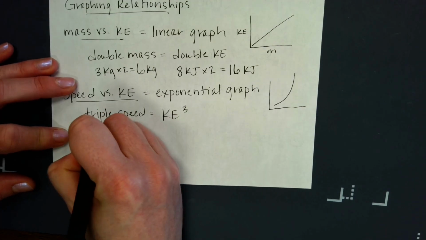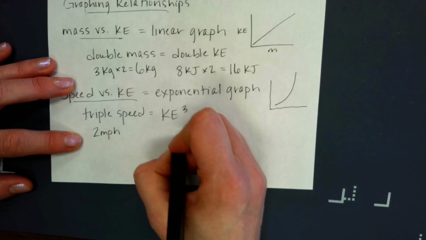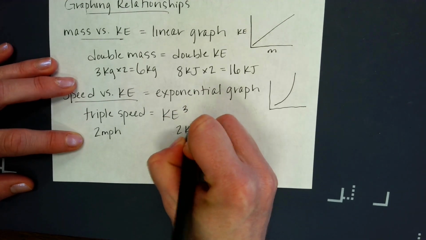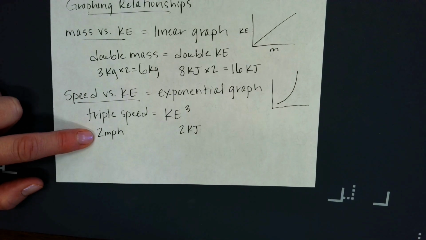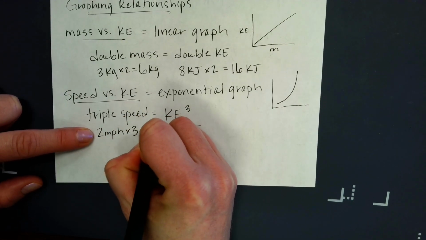What happens if my speed was 2 miles per hour? And let's say my kinetic energy was 2 kilojoules. And I'm going to triple it. Okay? Tripling my speed. So what would my new speed be? 6. Yep, tripling it. So I would take it times 3. So I would get 6 miles per hour.